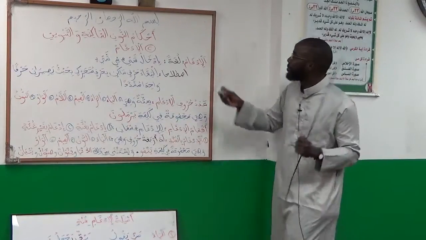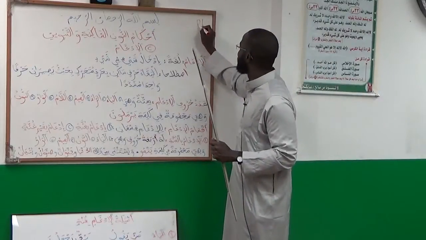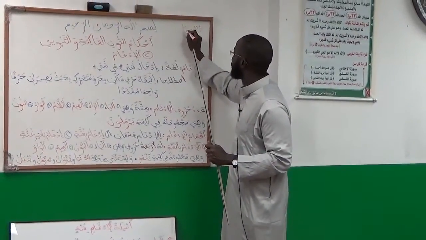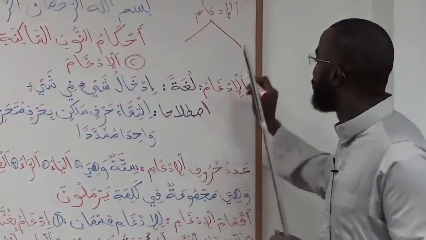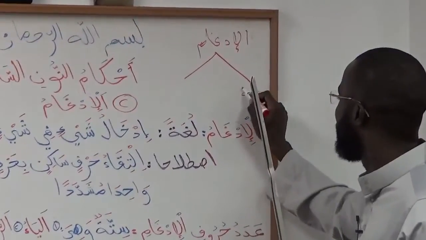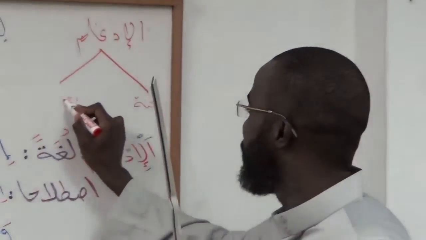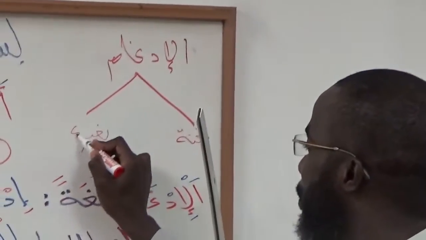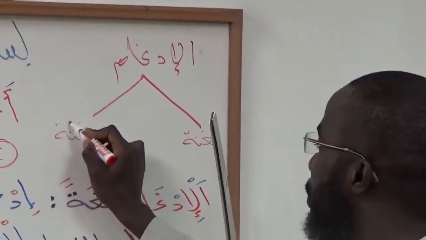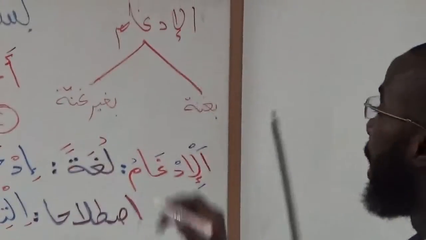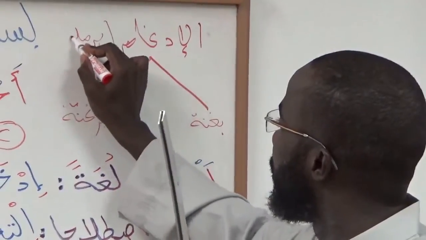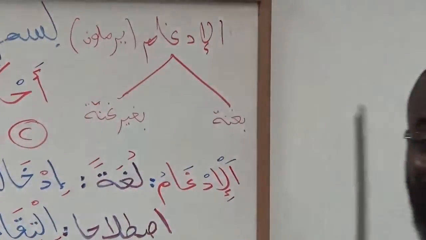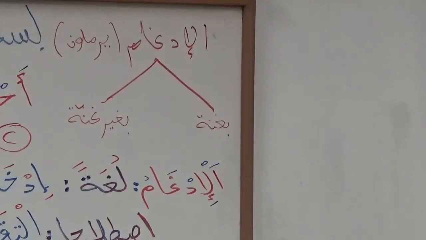What we have here is al-idgham, and it's telling us bi ghunna and bi ghayri ghunna. And in al-idgham we have 6 letters, yarmalun.